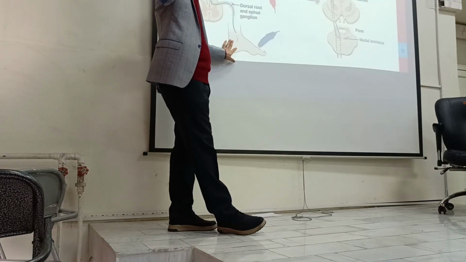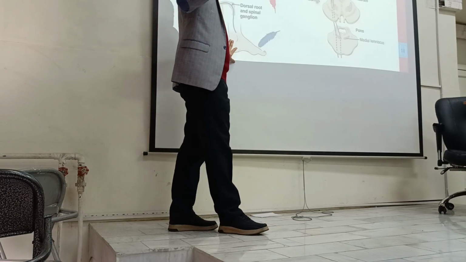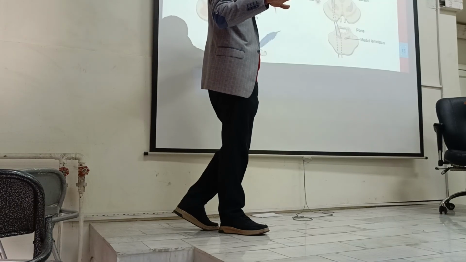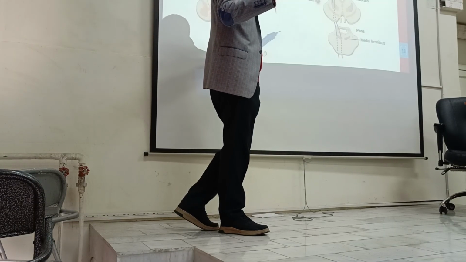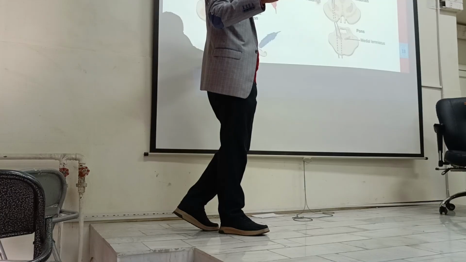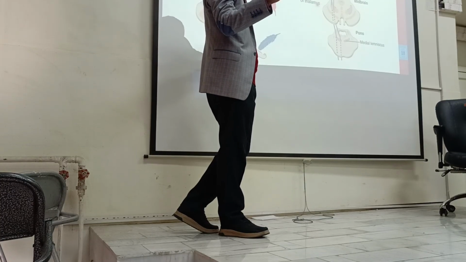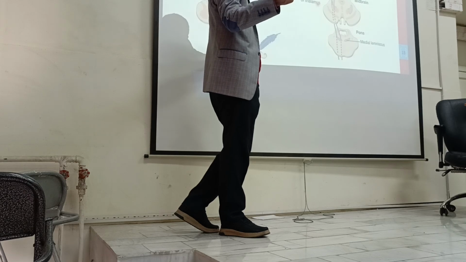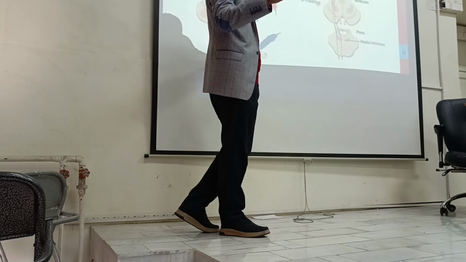So these are precise types of sensations. But we have another one, the anterolateral system, which transmits pain, temperature, itch, tickle, cool, touch, pressure, and also sexual sensation.